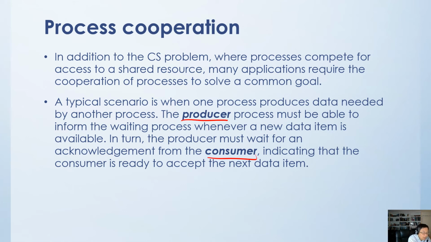The producer process must be able to inform the waiting process whenever a new data item is available. So the producer process updates the shared, common data, and then once it has updated the data, the producer can inform another process, called the consumer process, to consume the data. This is a scenario where the 2 processes work together to solve a problem.